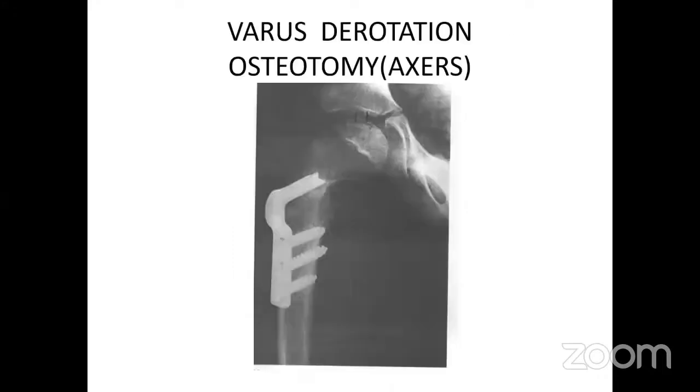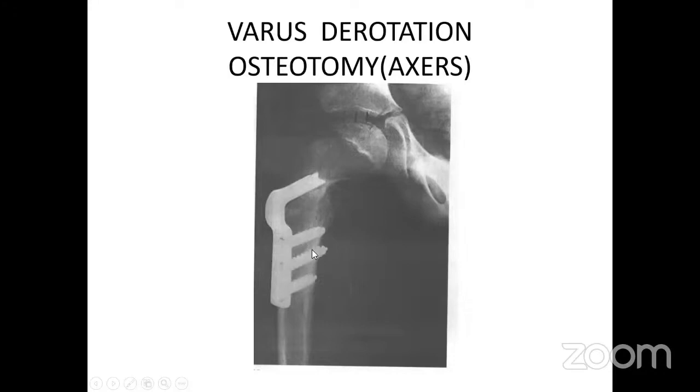A surgery that can be done is called axis osteotomy. That is nothing but a varus derotation osteotomy. You do an osteotomy below the trochanteric level, at the subtrochanteric level, and you adduct and externally rotate the femur.